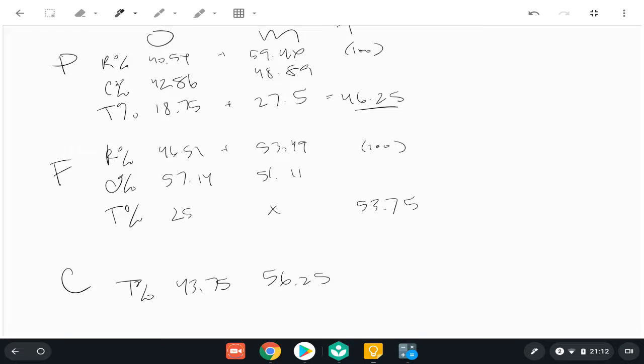So with this, we had to subtract, which means this is 28.75, 28.75 plus x equals, so that's a relative frequency that we're missing pretty easily.